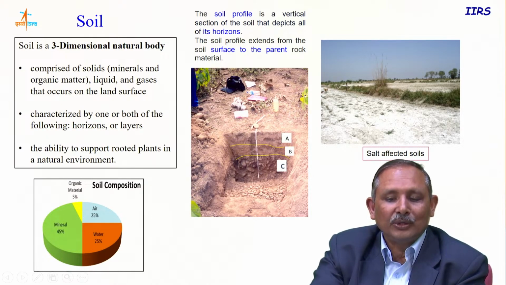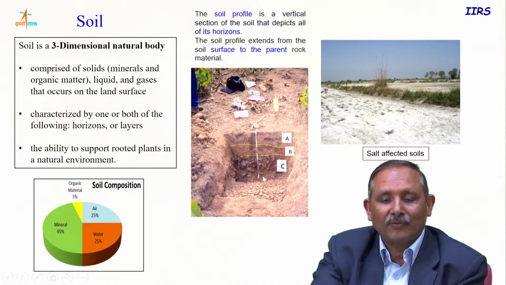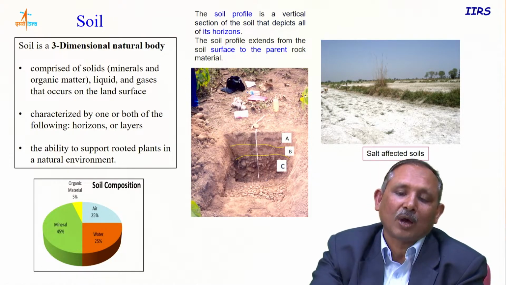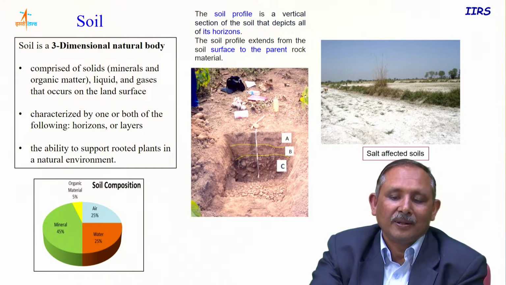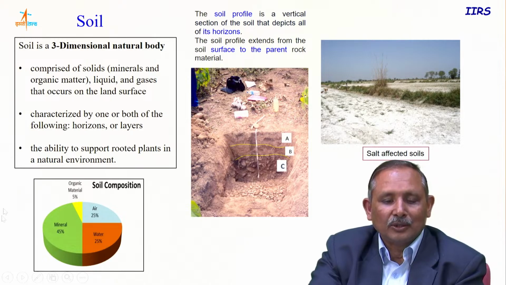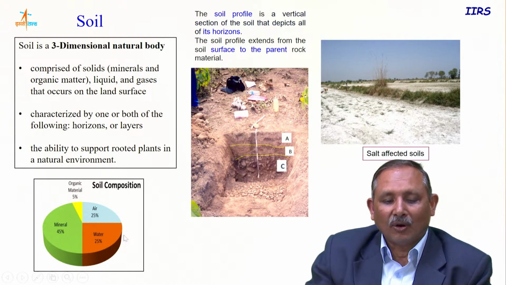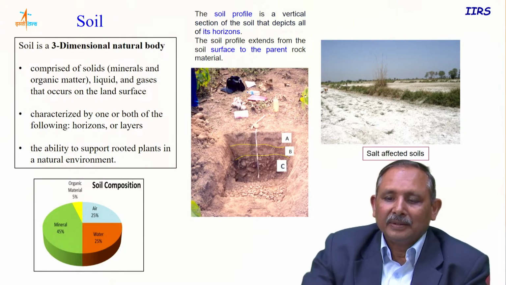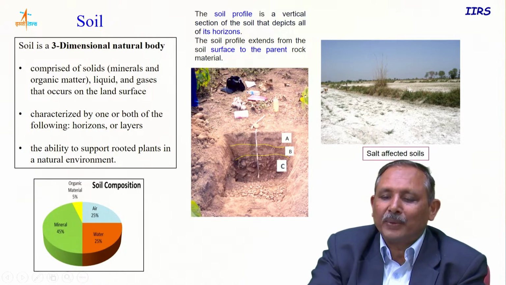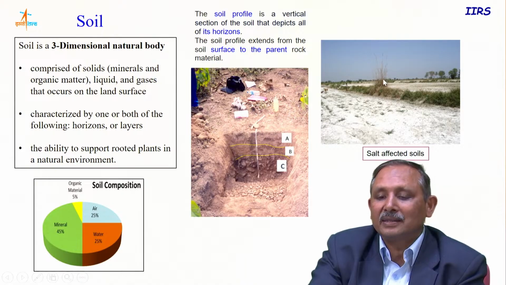So in normal soil mapping, we characterize the soils from surface to subsurface, or we can say we study the soil profile, soil horizons. As you know, the soil is made of mineral matter, organic matter, air, and water.